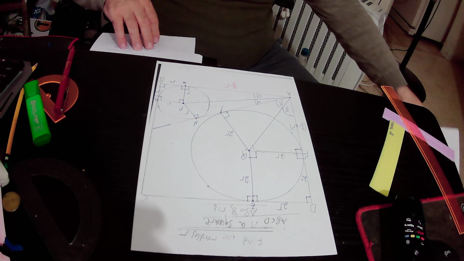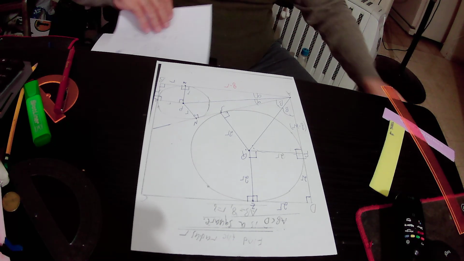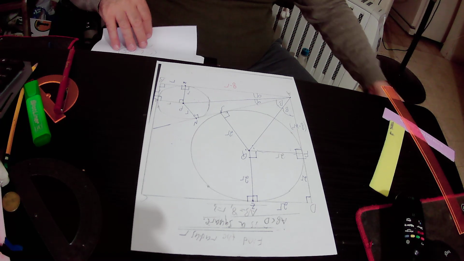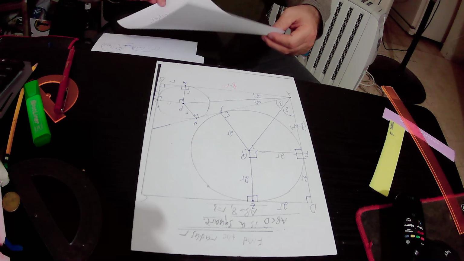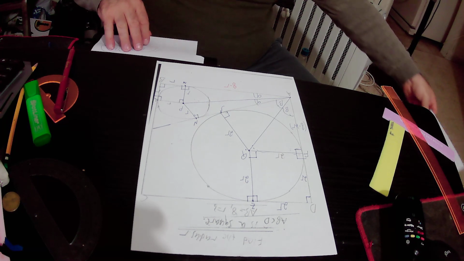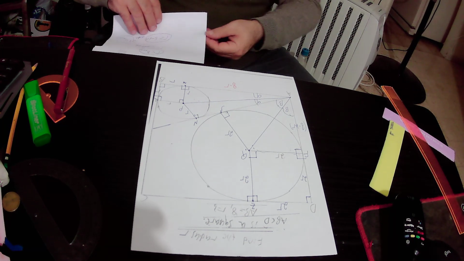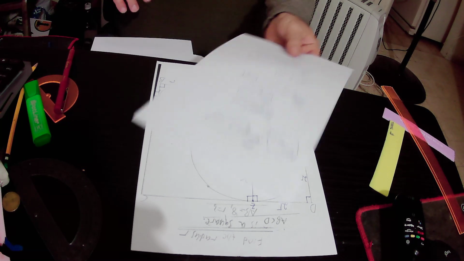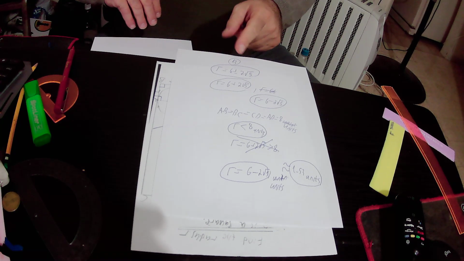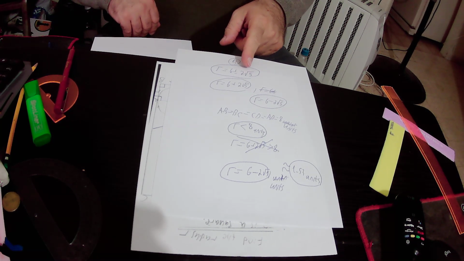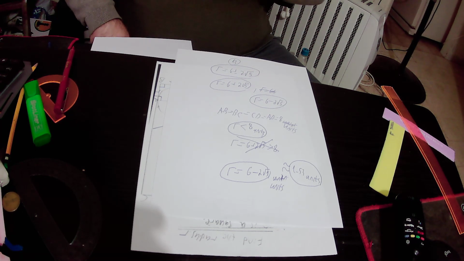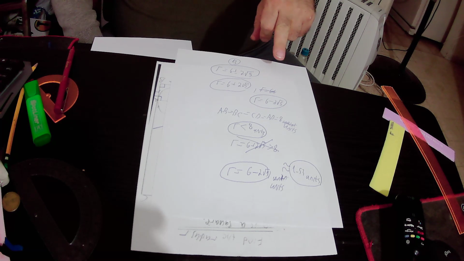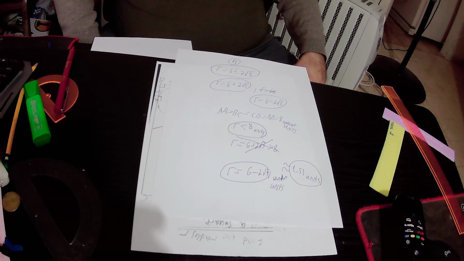The first root for R is actually... R will be equal either to 6 plus 2 times root 5, or the second possibility is that R equals 6 minus 2 times root 5.